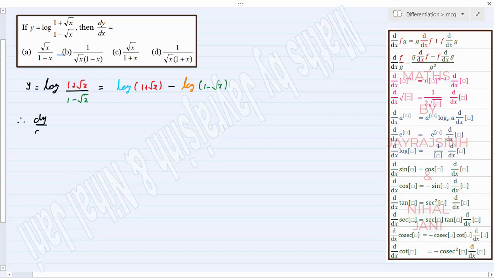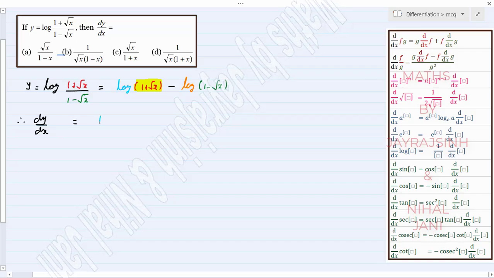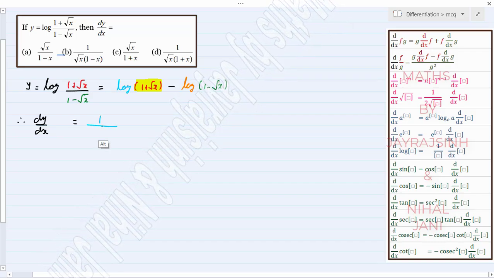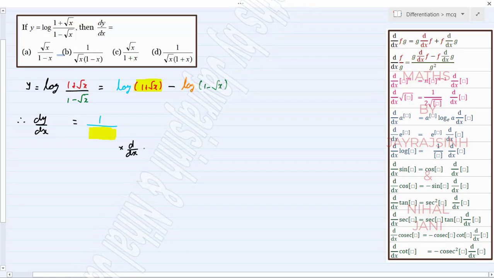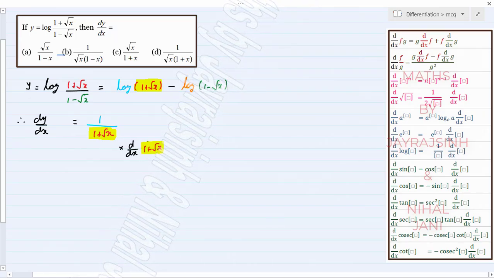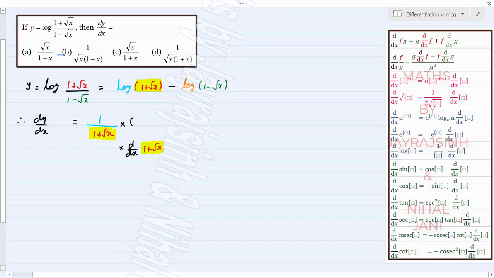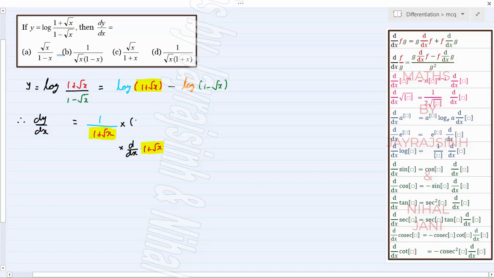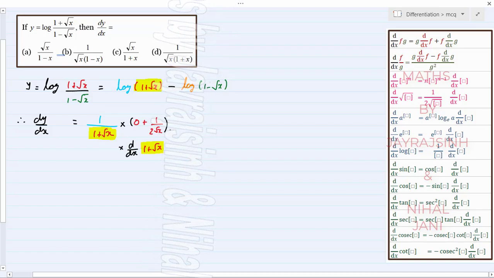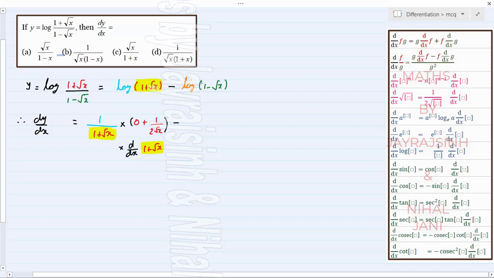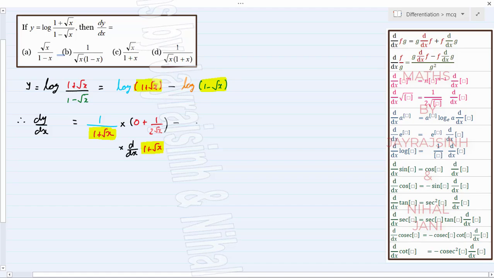So dy by dx will be, we will get differentiation of log box, which is 1 upon box, into differentiation of box. Within the box, we have 1 plus root x. So we just have to multiply differentiation of 1 plus root x, which will be 0 plus 1 upon 2 root x, minus, to take differentiation of the second term, we have to take a box around the 1 minus root x.